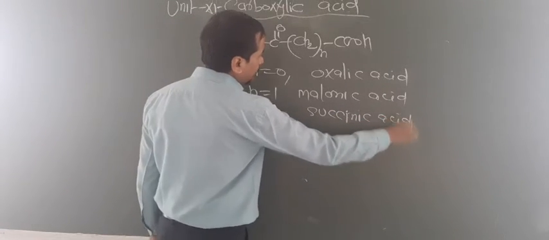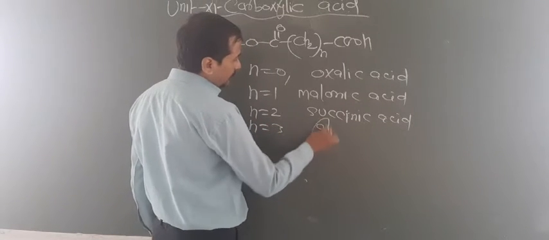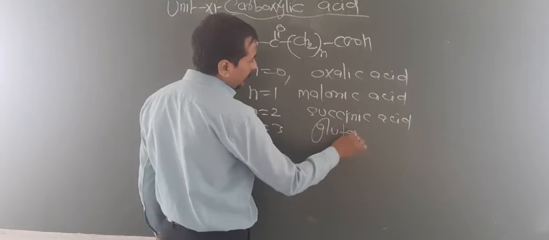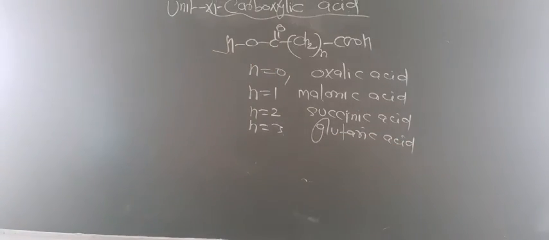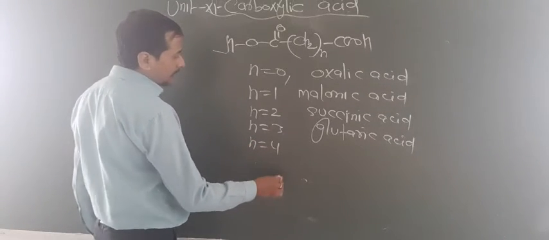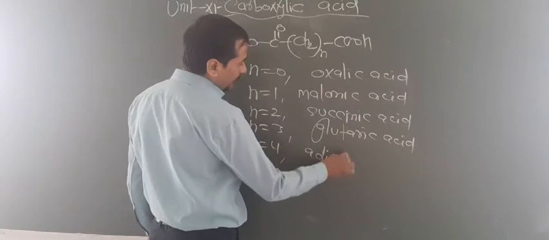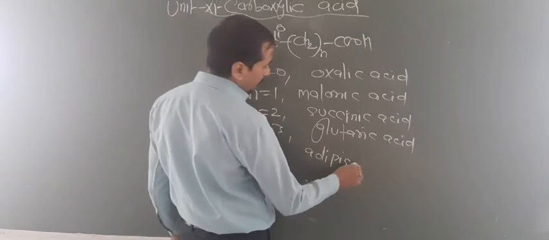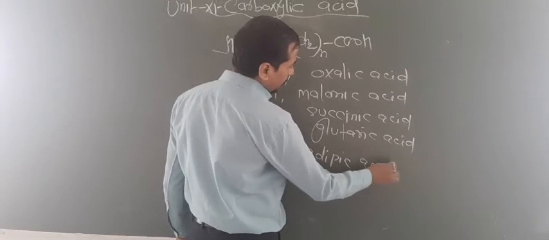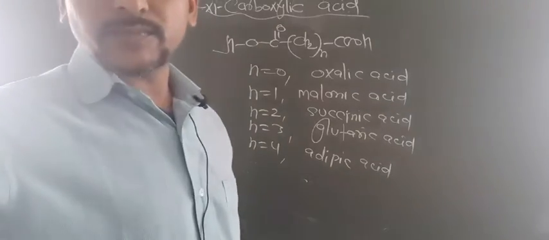If n equals 3, it is known as glutaric acid. When n equals 4, this is known as adipic acid. That means the 6 carbon compound with two COOH groups is known as adipic acid. This you have to know for your naming. Are you getting this point?